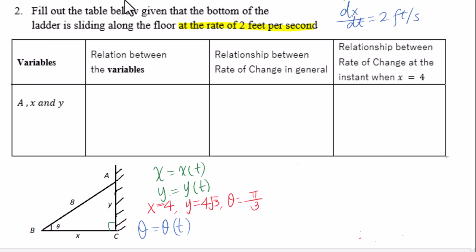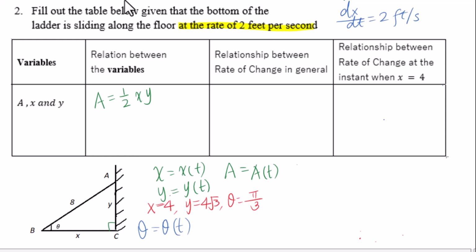Variables area, x and y. Area equals 1/2 x times y. We know the area is also a function of t.